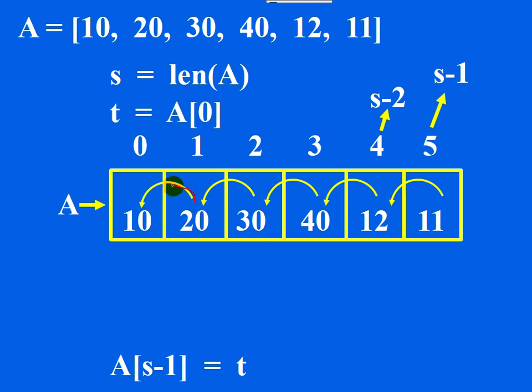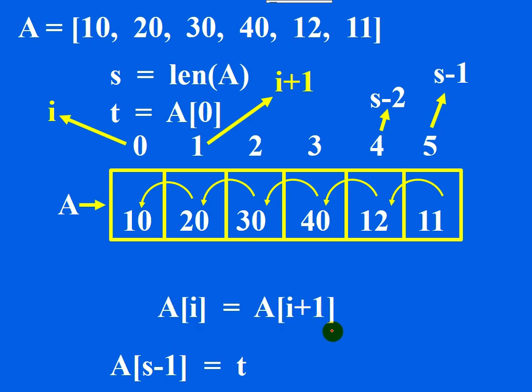Now in order to shift this element to the left, this index is taken as I. So what is this? Certainly it is I plus 1. So if this is I plus 1, this is A of I plus 1. If this is I, this is A of I. So A of I plus 1 should be assigned to A of I.